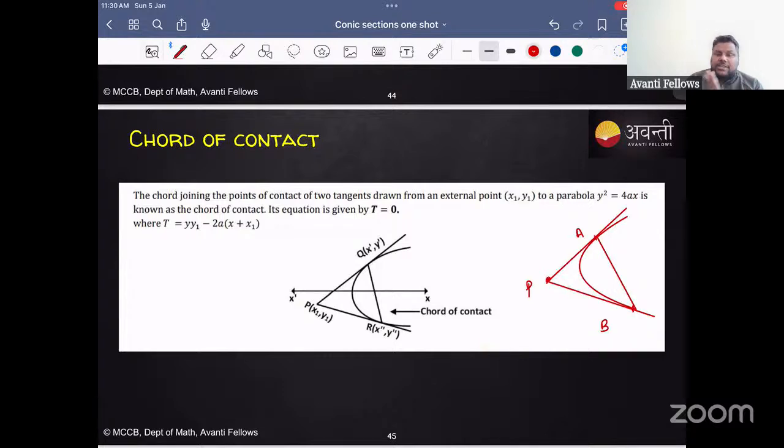And its equation is given as T equals 0, exactly like the equation of the tangent was. But here this point (x1, y1) is outside the parabola. In case of tangent, this point (x1, y1) will be lying on the parabola. Got it?